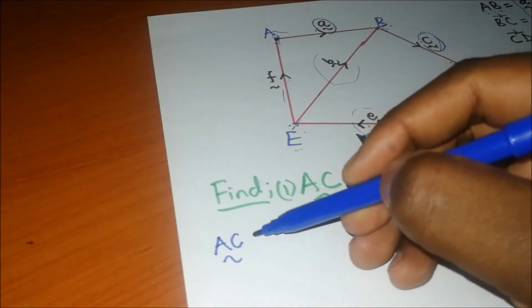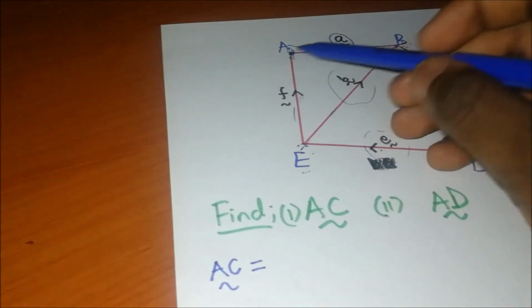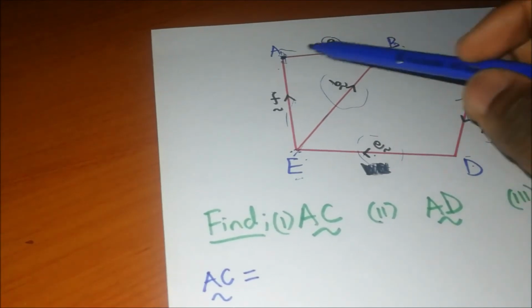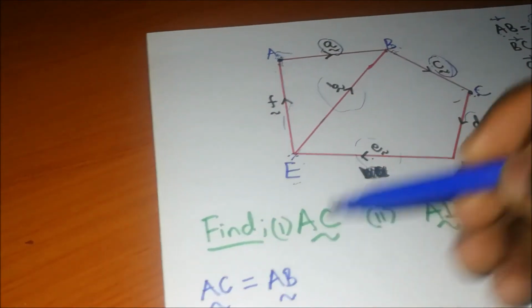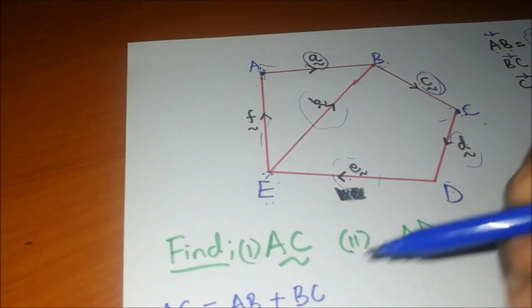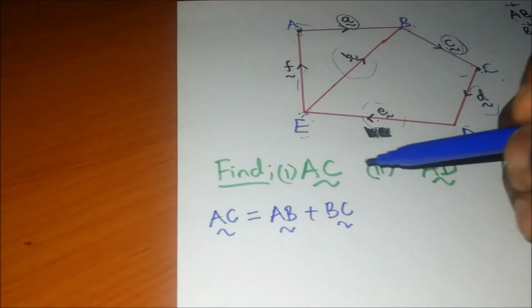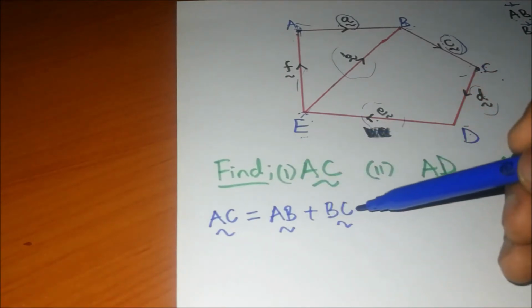The vector SC is going to be given by, for me to move from A to C, I can say it is AB plus BC. That's an alternative route. Take note here, that's route 1.